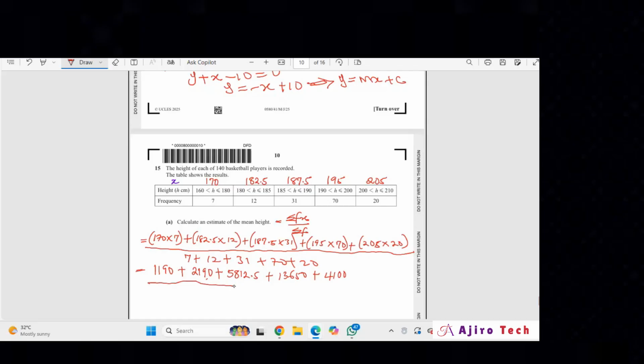You will now divide it by, when you add the downside there, it will give you 140.